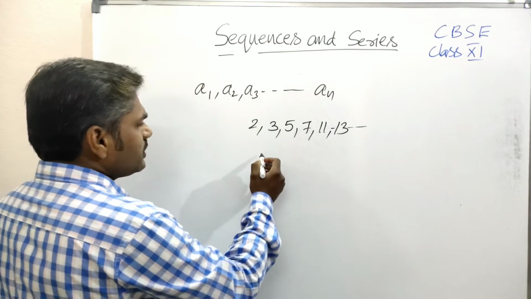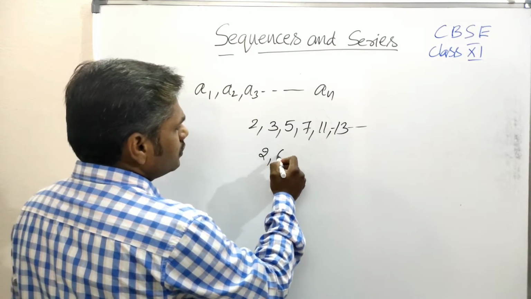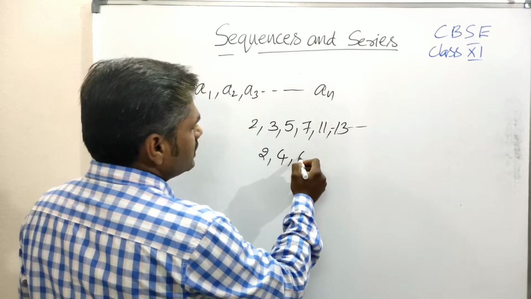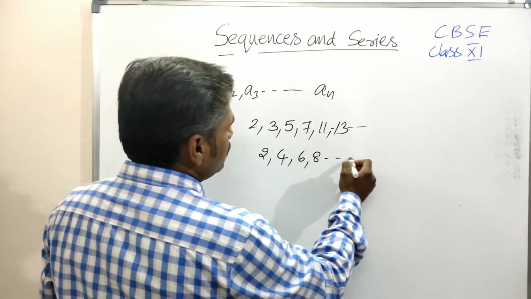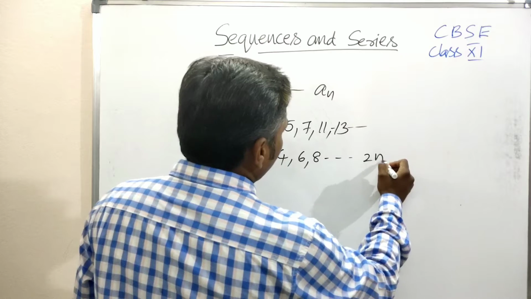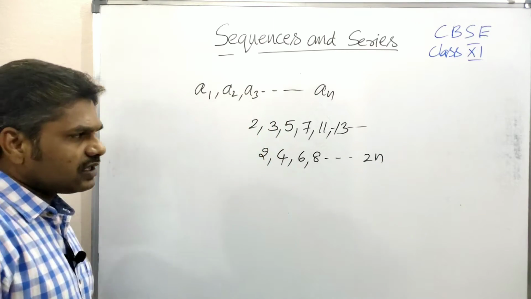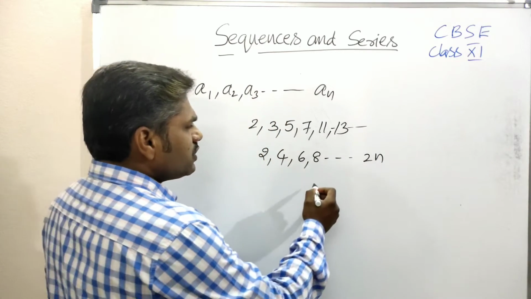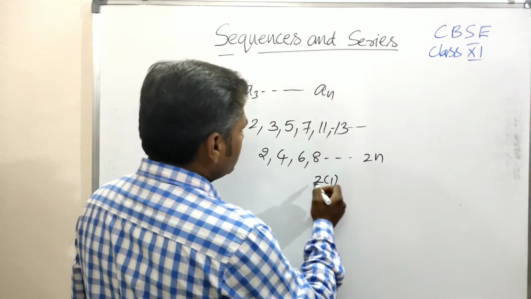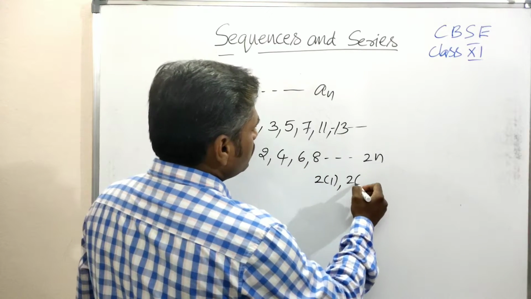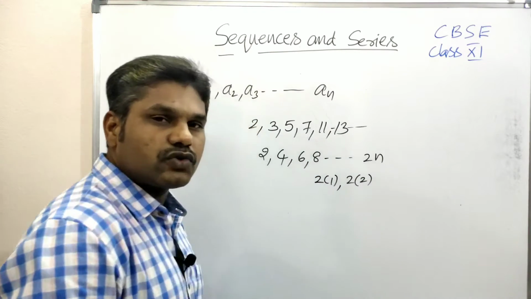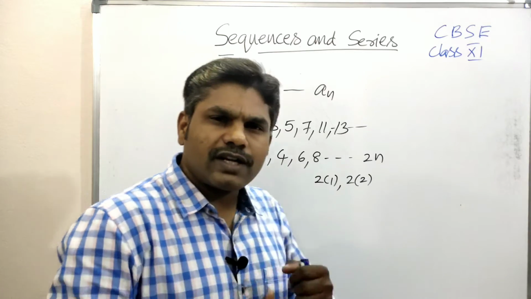Similarly, if you see 2, 4, 6, 8 and so on, the formula for this is 2n. If you put n equals 1, you will get the first term. n is nothing but the term number.